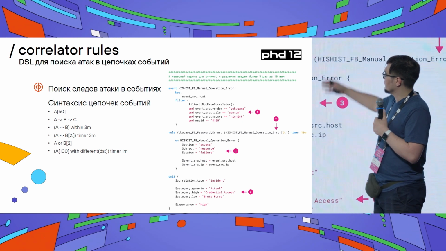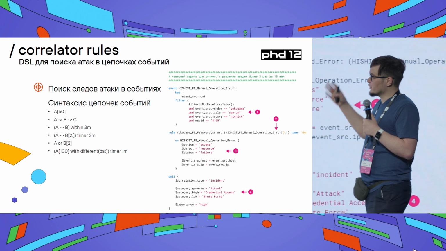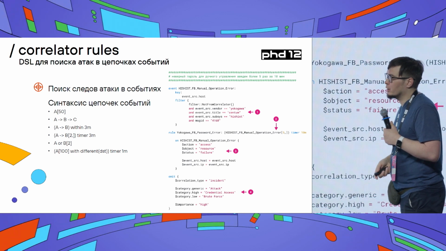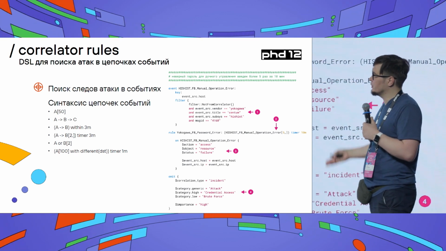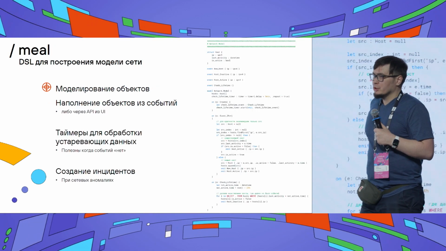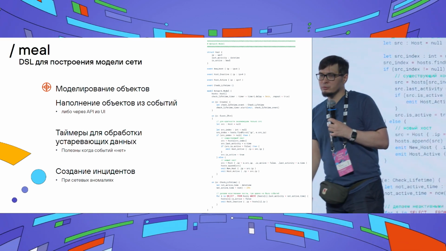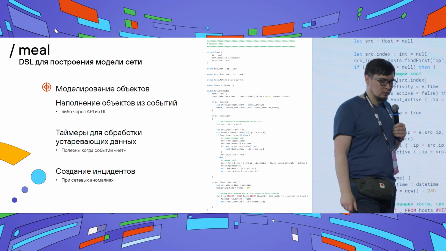So this is a cool DSL that can identify strings, and it has very good filters to detect events. And I guess this also fits well the definition of a DSL. There's a specific objective and there's a language to address it. The next language that we have is MEAL. That is a language to build a network map.